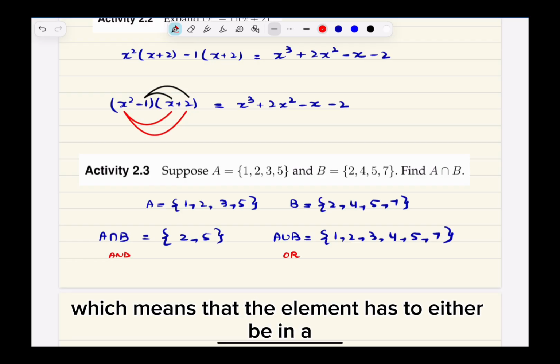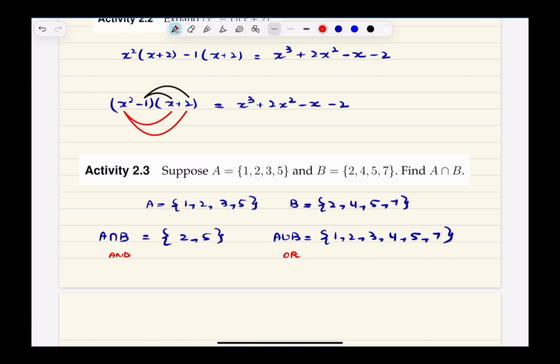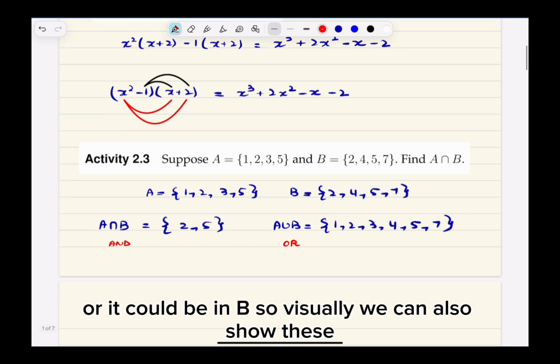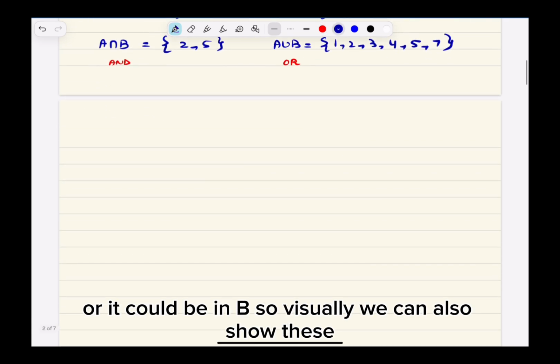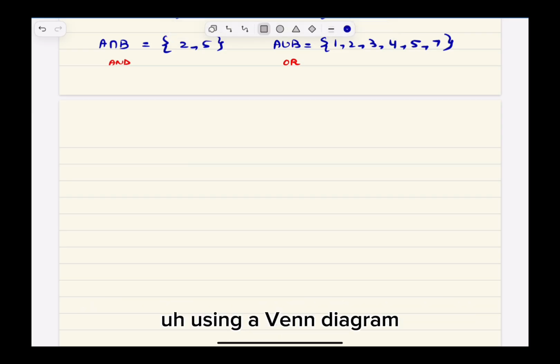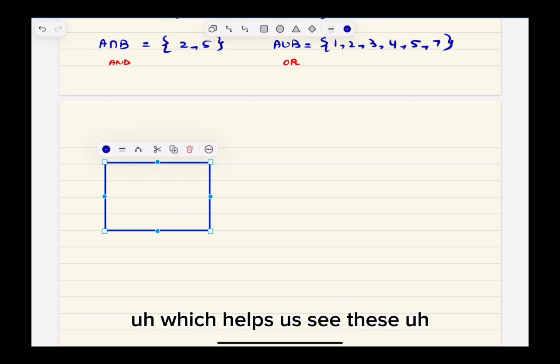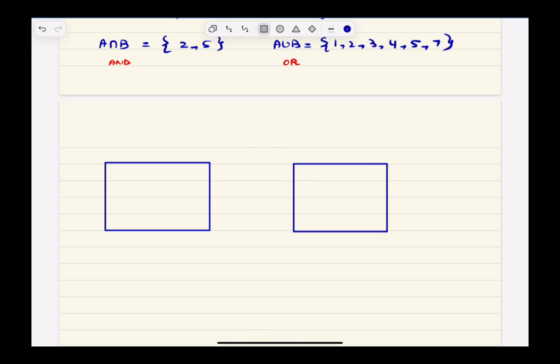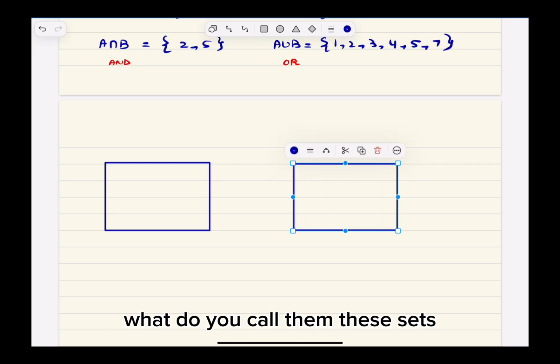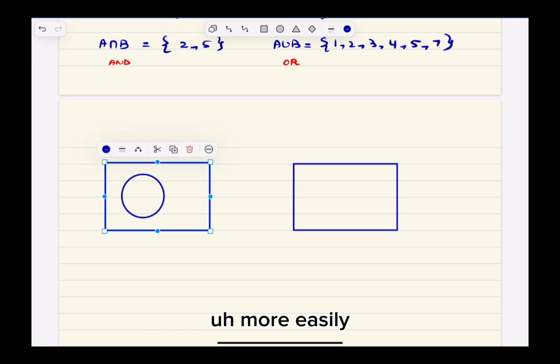So which means that the element has to either be in A or it could be in B. So visually, we can also show these sets more easily using a Venn diagram.